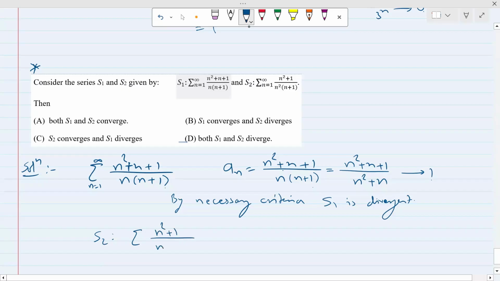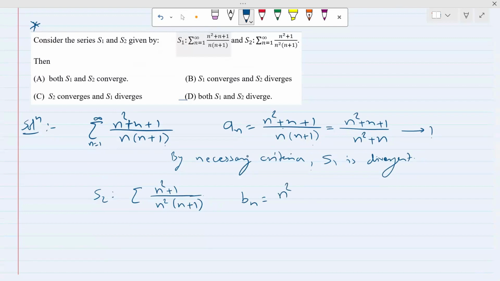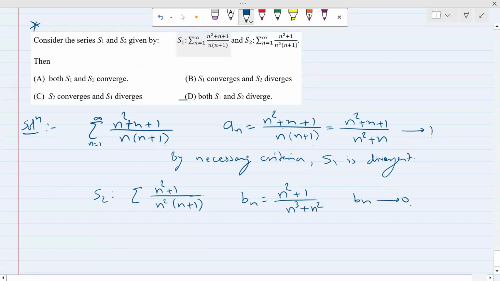What about S2? Square plus 1 upon n square plus 1. Here, if you choose bn as this, n square upon n cube plus n square, it goes to 0. bn goes to 0, so you cannot apply the necessary criteria.